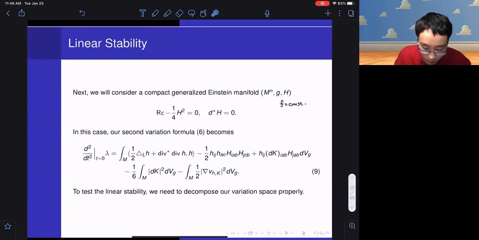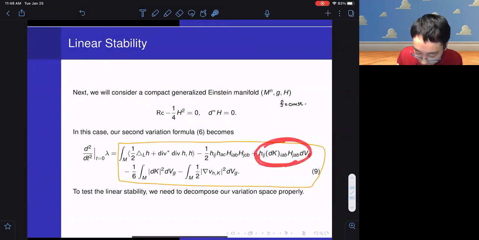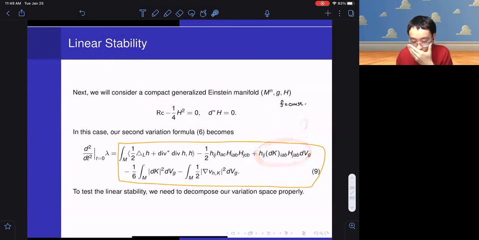So finally we can rewrite our second variation formula like this. Again we face the same question: how to figure out the cross term. To test the linear stability, we may also try to decompose our variational space properly.